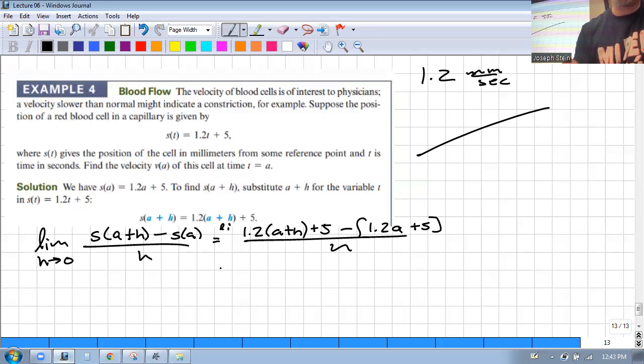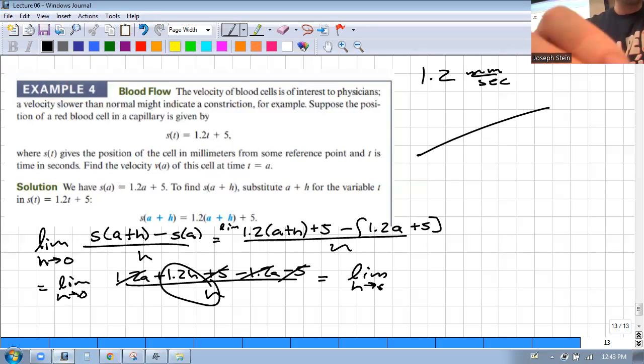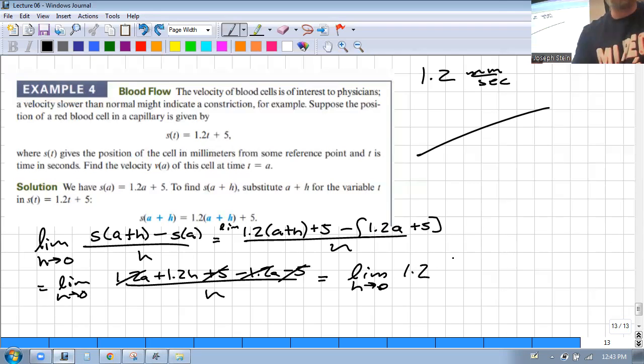And I forgot to write my limit there. So we still have the limit as h goes to 0, distributing the 1.2, got the 5, distributing the minus sign. We can see that goes away, that goes away. We're left with this 1.2h over h. We're just left at the limit, so there is no h here. h could do whatever it wants. We're getting 1.2, like I said, right? Makes sense?